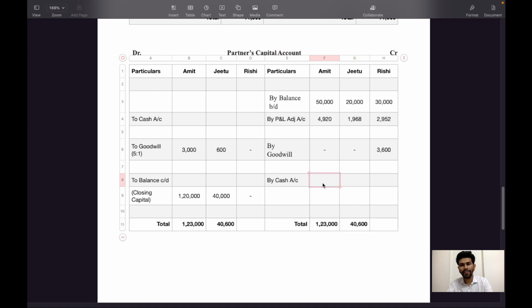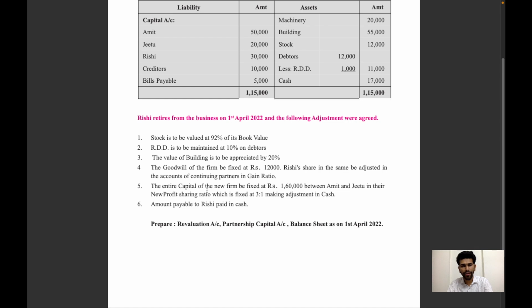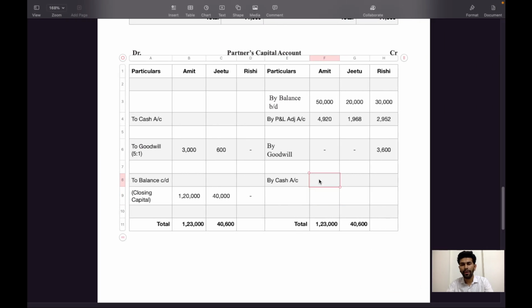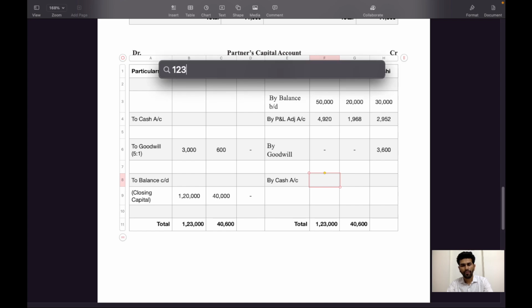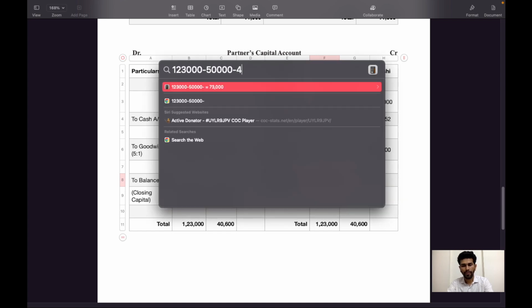Then the balancing figure will be contributed by each partner in cash, because adjustment number 5 says that the balancing figure will be adjusted in cash. So the required amount of capital will be brought in by partners in cash. So 1,23,000 minus 50,000 minus 4,920 will be 68,080 rupees.